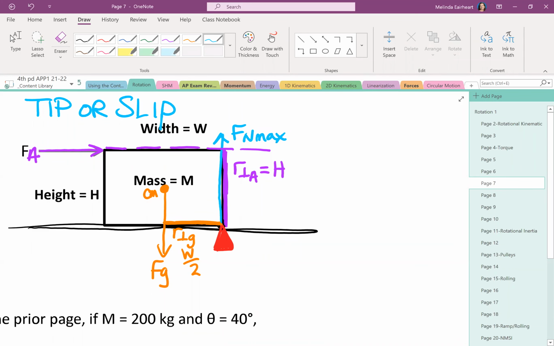What's going to prevent it from moving to the right? Because if you have one horizontal force and nothing to balance, it's going to move. It's not just going to rotate, it's going to move. And so there's got to be some kind of left force.